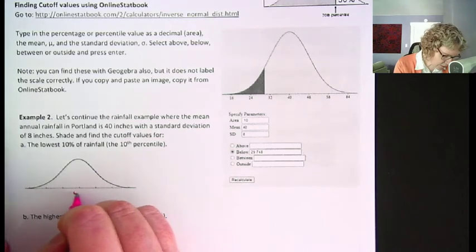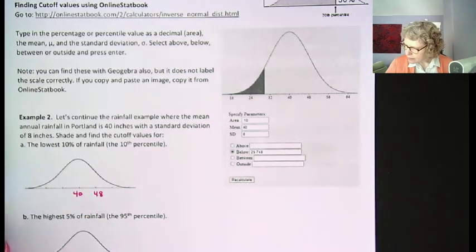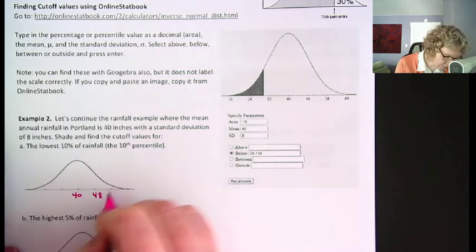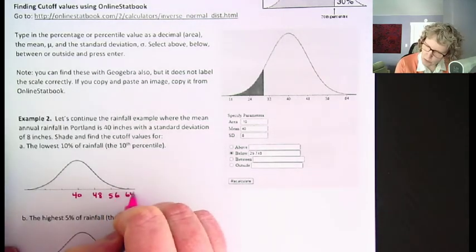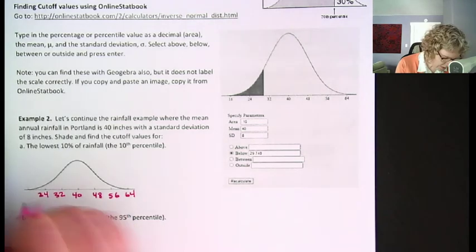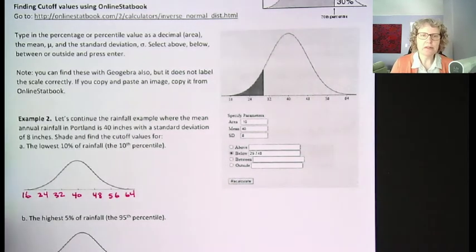So we've got our 40, 48, 56, 64, 32, 24, 16.